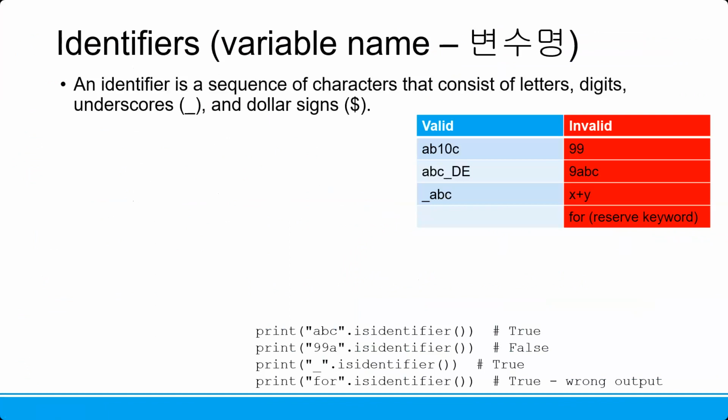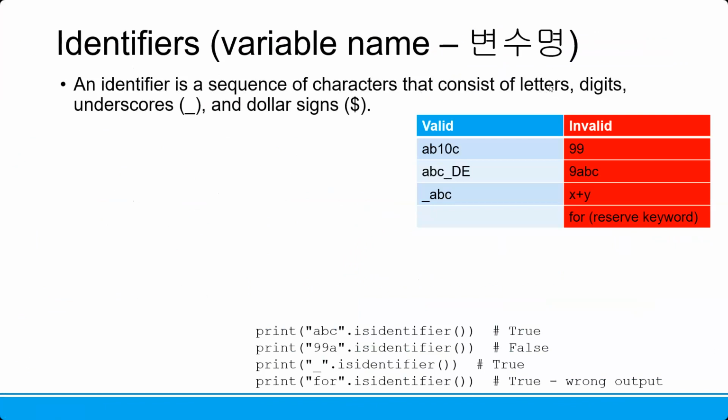Okay, identifiers. So when you want to make a variable, there are some notes that you need to understand. Variable name means an identifier, which is a sequence of characters that consists of letters.